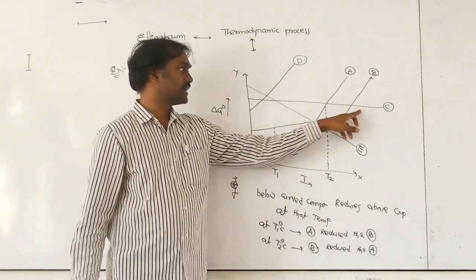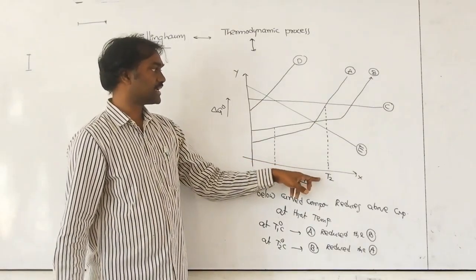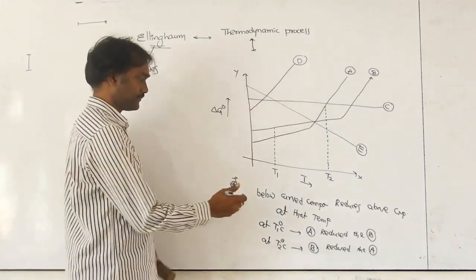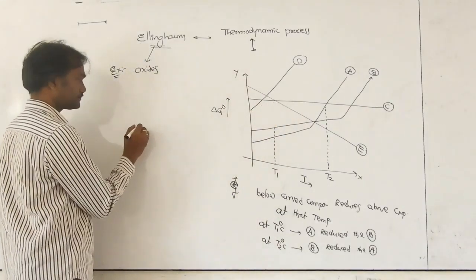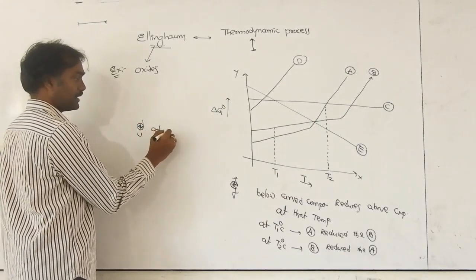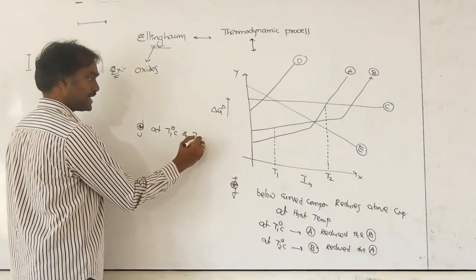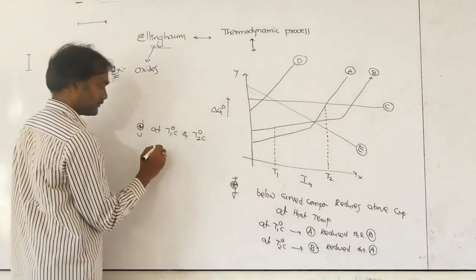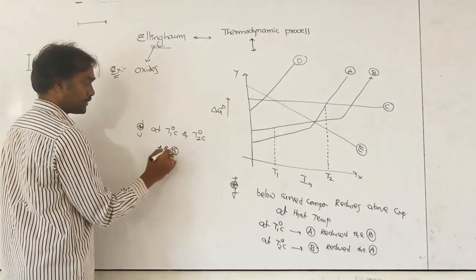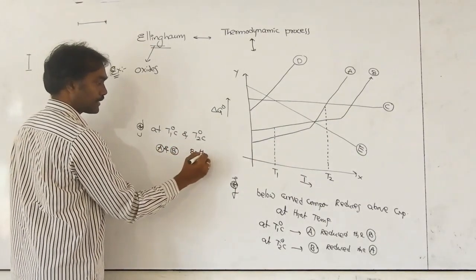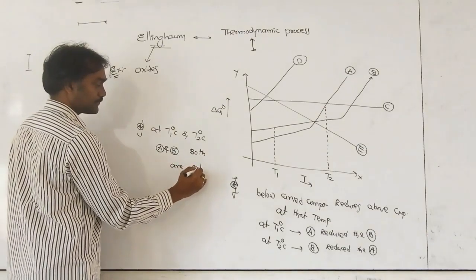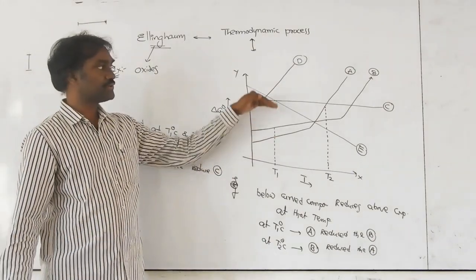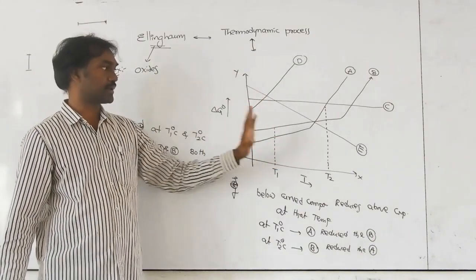Suppose you take C. At T1 and T2 degree centigrade, A and B are both below C, so A and B both reduce the C compound. Like that, the below one reduces the above one at that particular temperature.